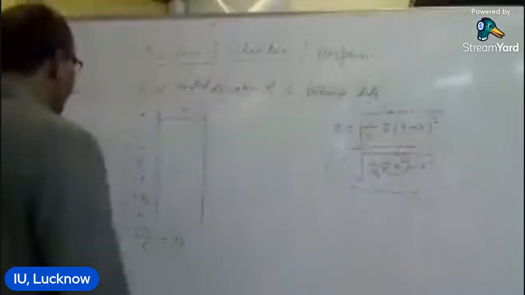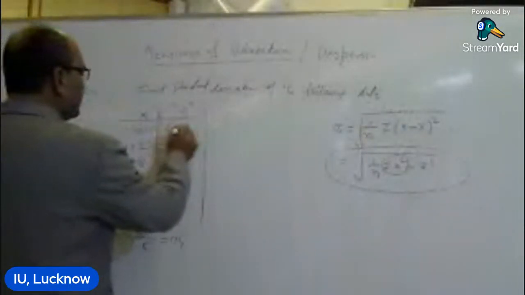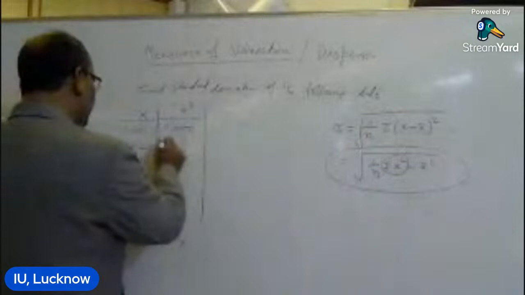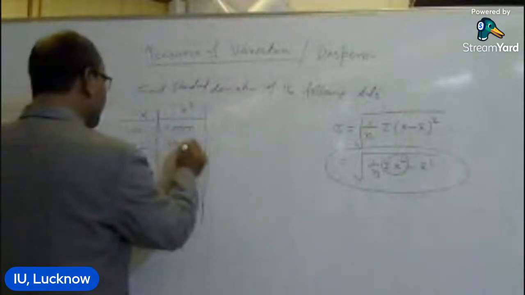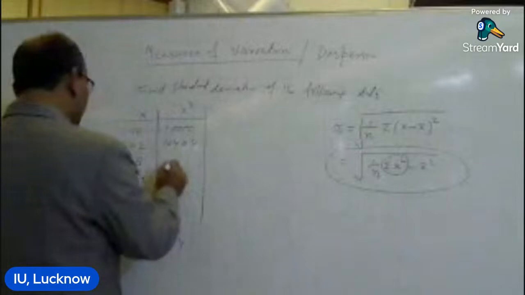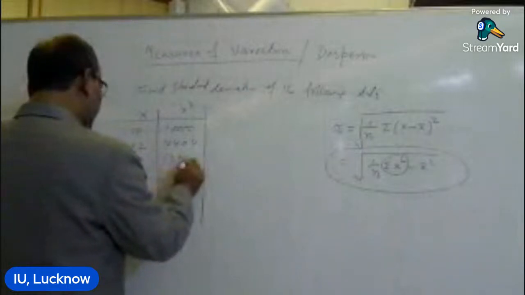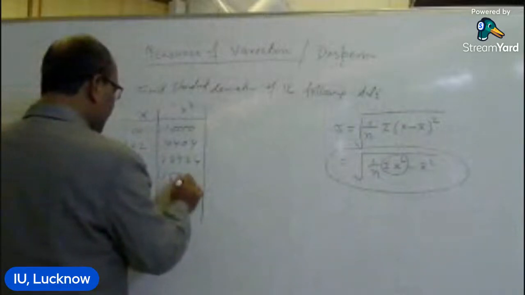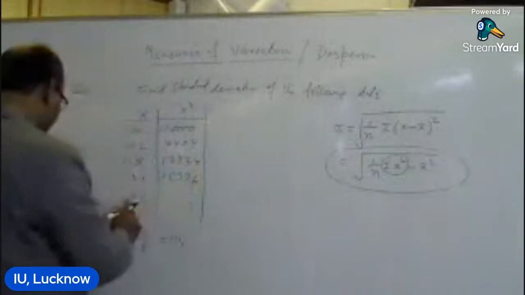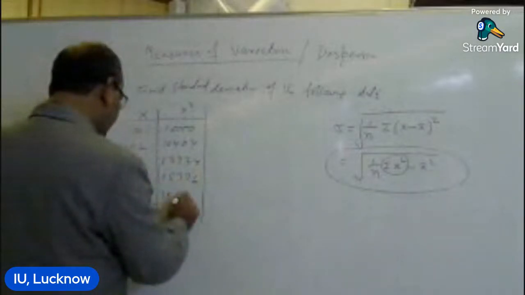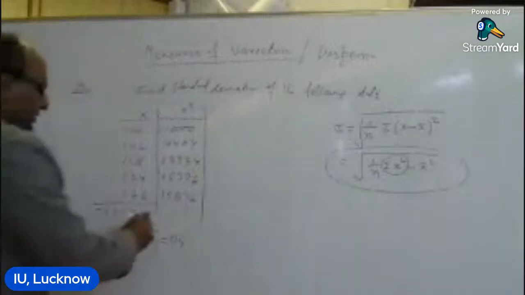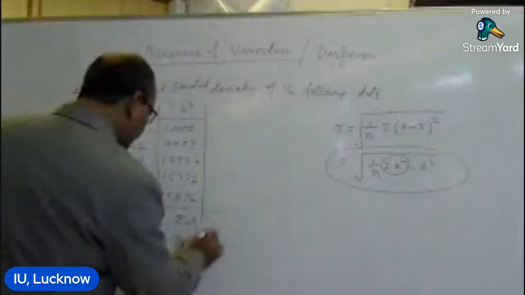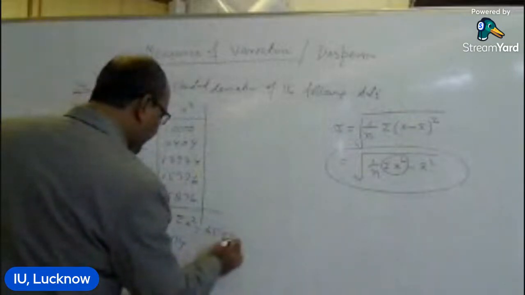So squaring, this will be 100 square and 102 square, this will be 10404, and 13924, 15376, and the square of 126 is 15876, and the sum of x square will be 65580. Okay.